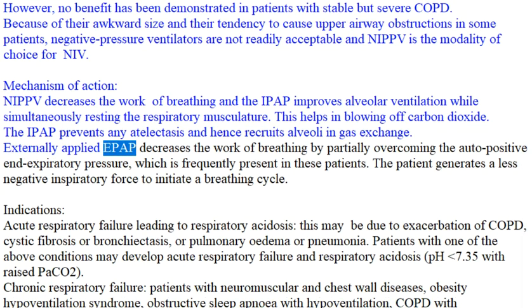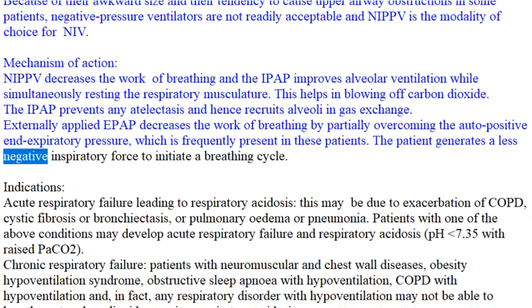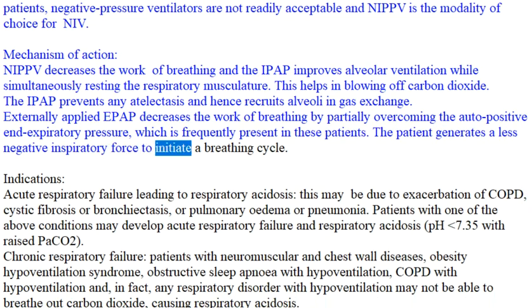Externally applied EPAP decreases the work of breathing by partially overcoming the auto-positive end-expiratory pressure, which is frequently present in these patients. The patient generates a less negative inspiratory force to initiate a breathing cycle.